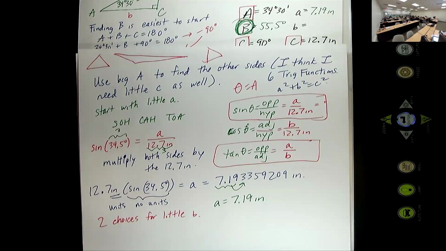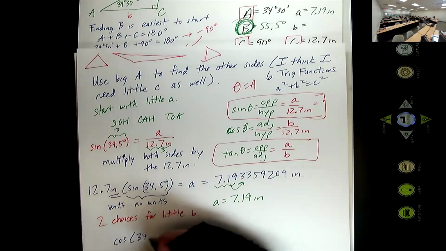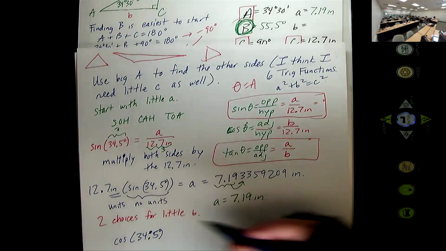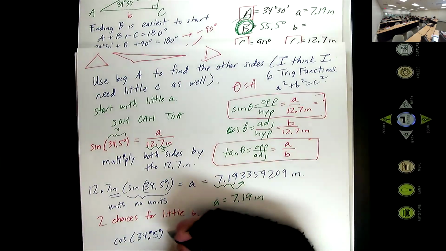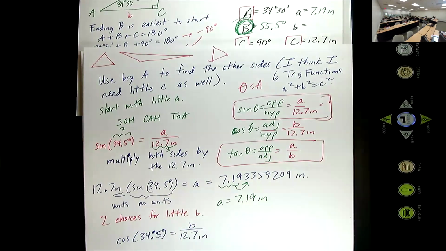Sometimes you can't, sometimes you have to use something you've already used before. But in this case, cosine is actually the one that has all the information we had before. 34.5 degrees for the angle, and we have adjacent, which is the B we're looking for, over the hypotenuse.